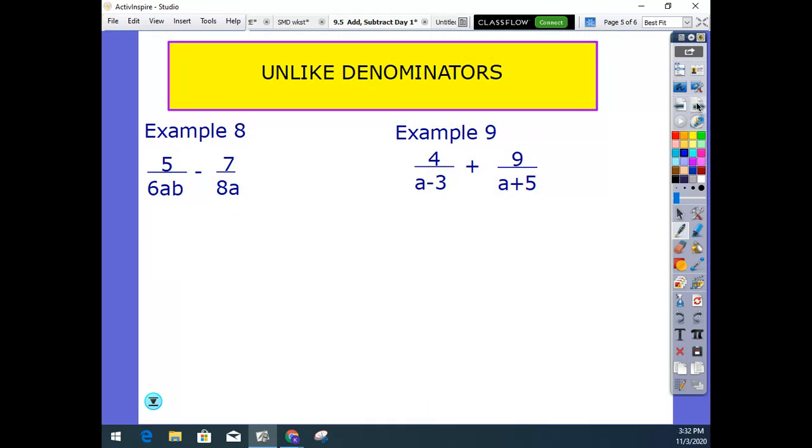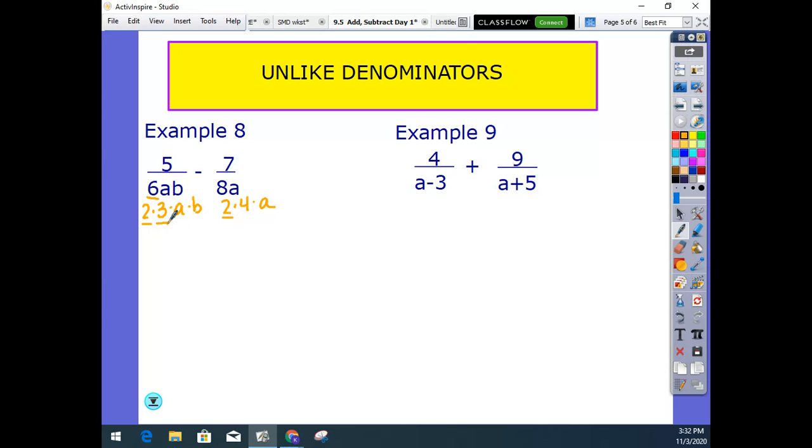So let's actually practice adding and subtracting unlike denominators. All right, so I want to break my 6 into my factors of 2 and 3, A and B. 8 is 2 and 4 and A. All right, now we have a 2 in both of them.